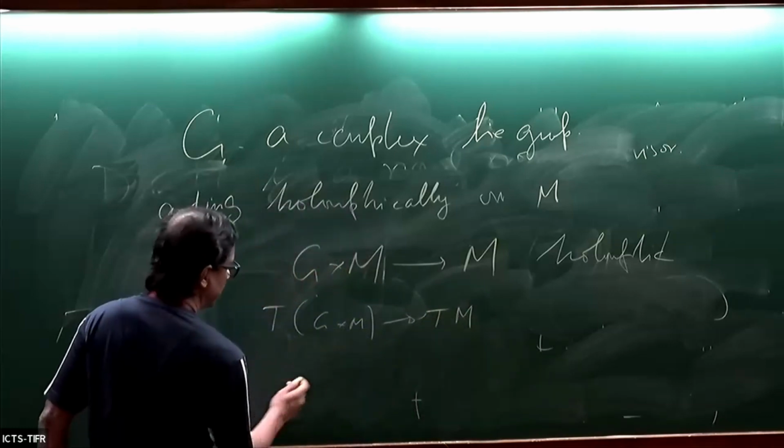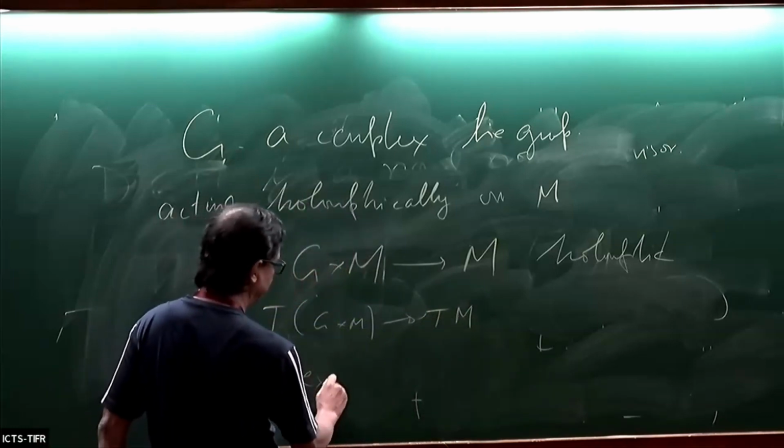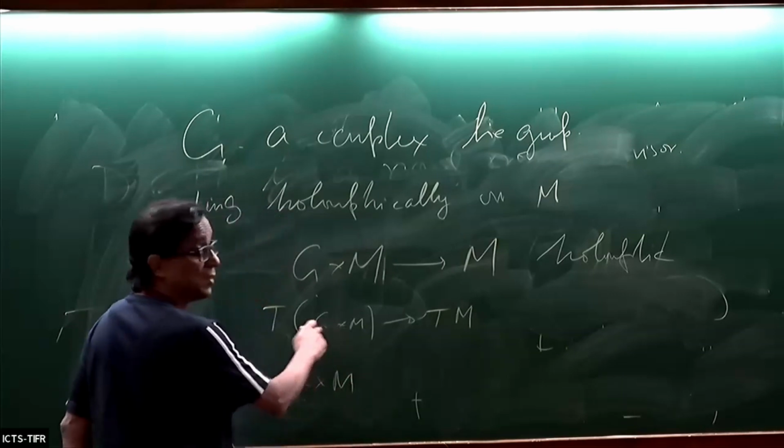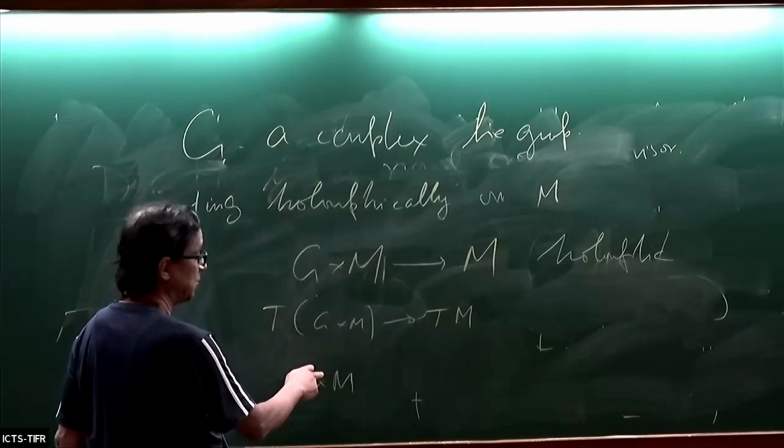On the other hand, G cross M contains identity cross M. You can restrict this tangent bundle to that.